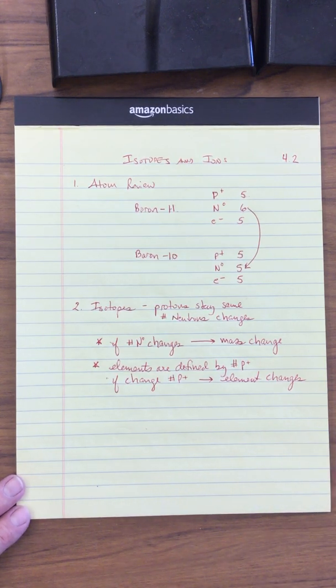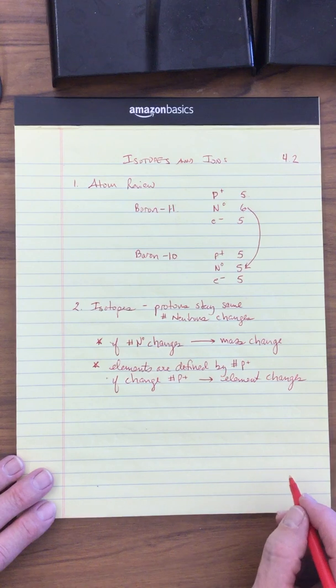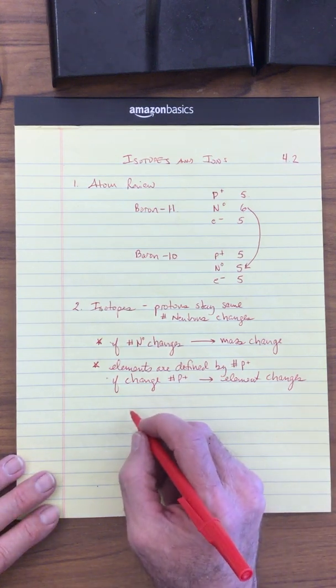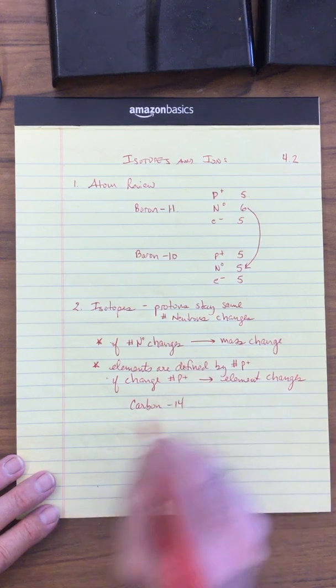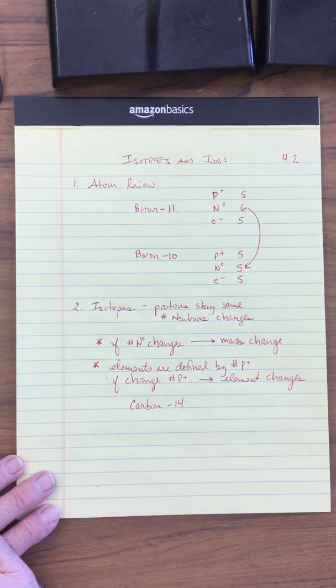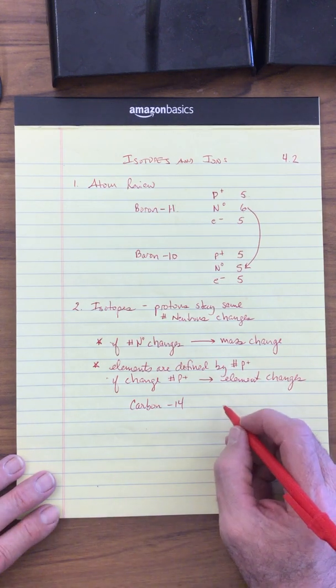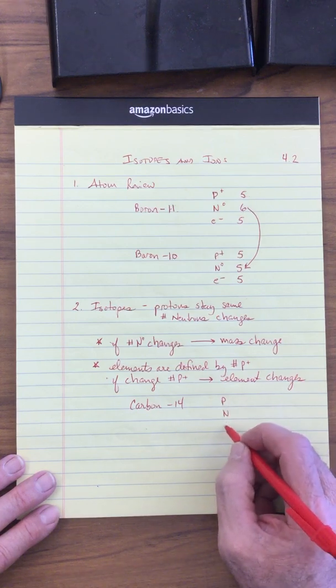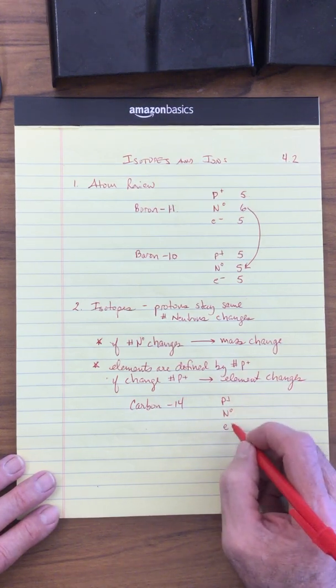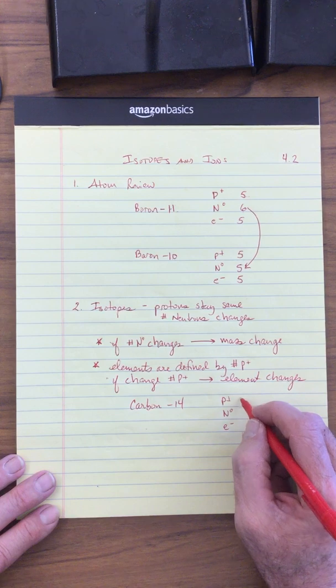For example, we might be seeing this in our lab. There is carbon, and there is a carbon-14. And carbon-14 has, let's see, protons, neutrons, and electrons. It has 6 protons.